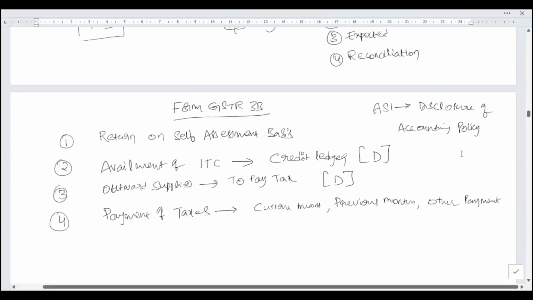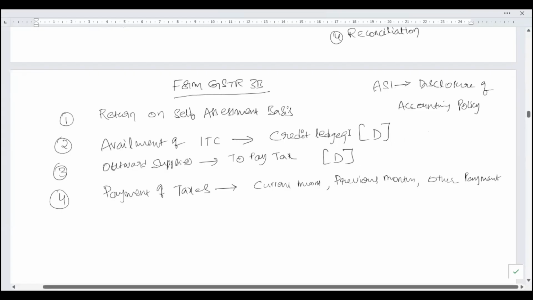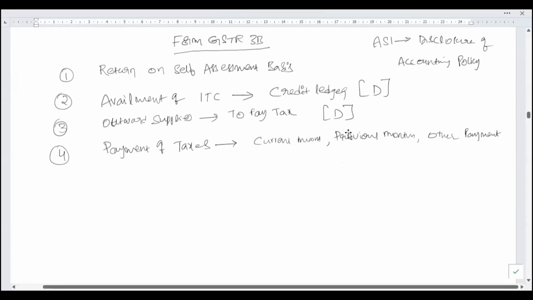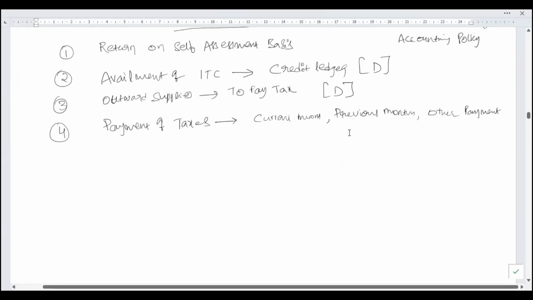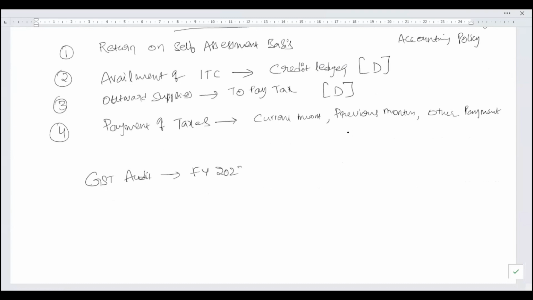Now, we will have a small example to understand how this 3B is going to work. Let's take one simple example. Say there is a GST audit which is being conducted for financial year 23-24.